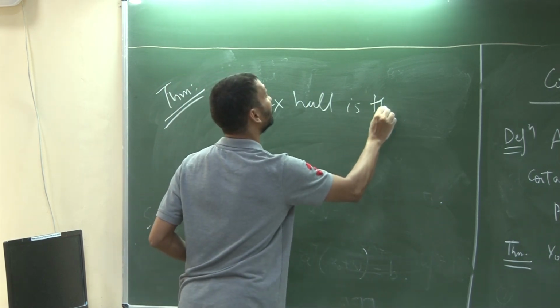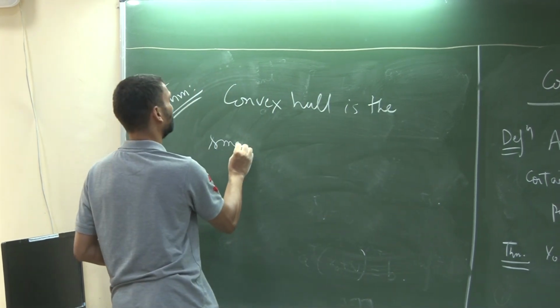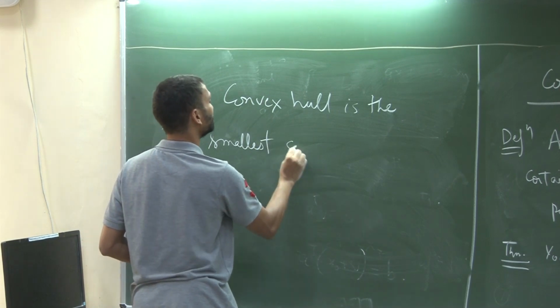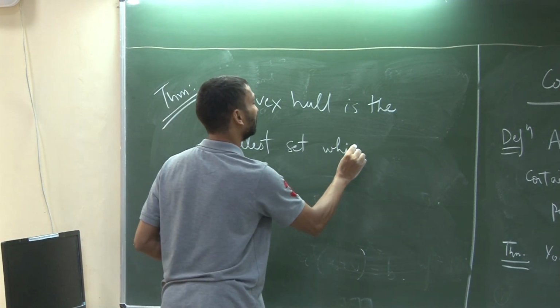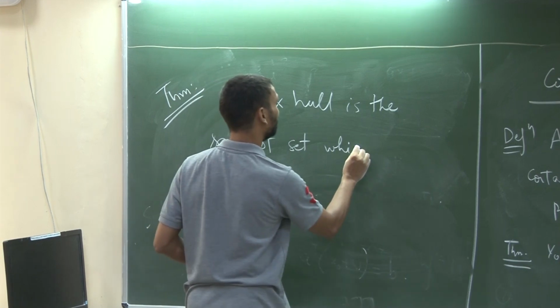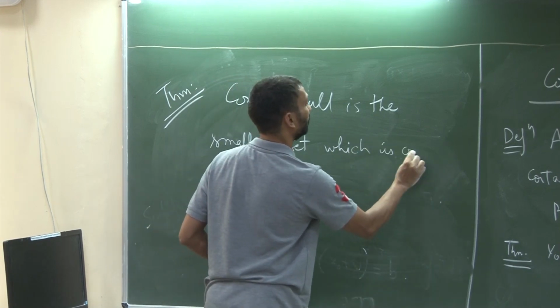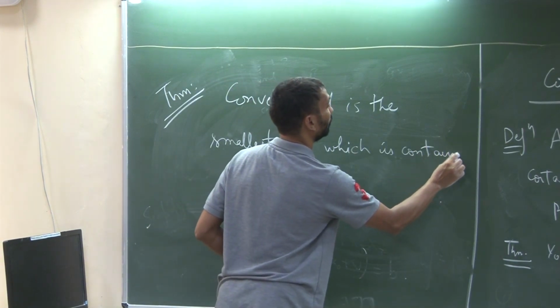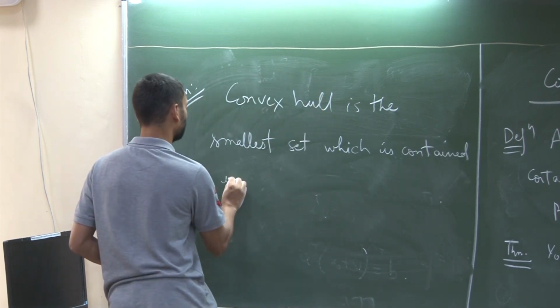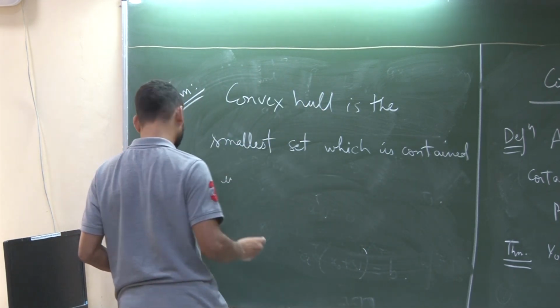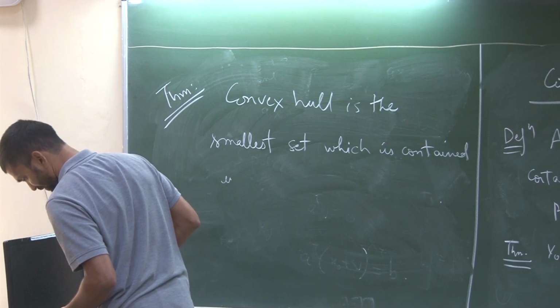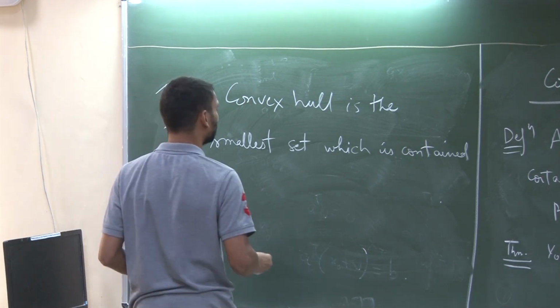Convex hull is the smallest set, or I should say, do I want to write it as an intersection? Yeah.